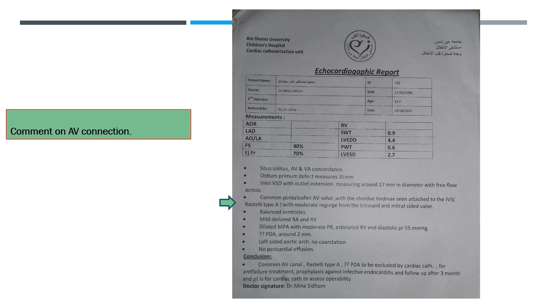Then there will be a comment on the atrioventricular connection, if it is normal or if there is some sort of atresia or a common AV connection as in this patient. Following the comment on the AV connection, there will be a comment on the ventricles and other structures as needed, if there is a patent ductus arteriosus, the presence of a left-sided aortic arch, if there is any pericardial effusion or intracardiac masses.